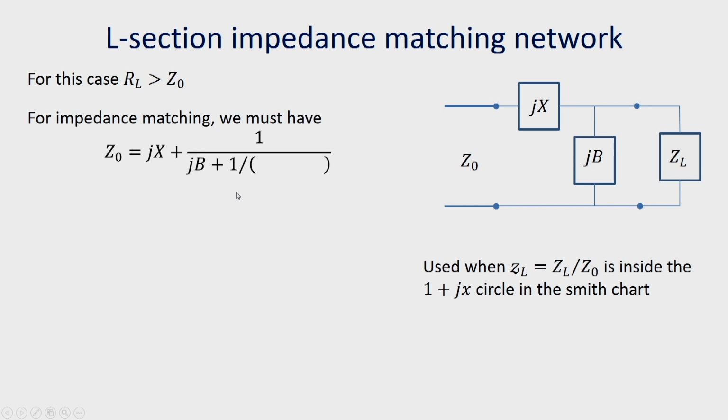So, we will have Z naught is equal to jX plus the parallel combination of jB and ZL, and 1 by ZL can be added to jB, and then the reciprocal of this entire term can be added to jX, and that has to be equal to Z naught.